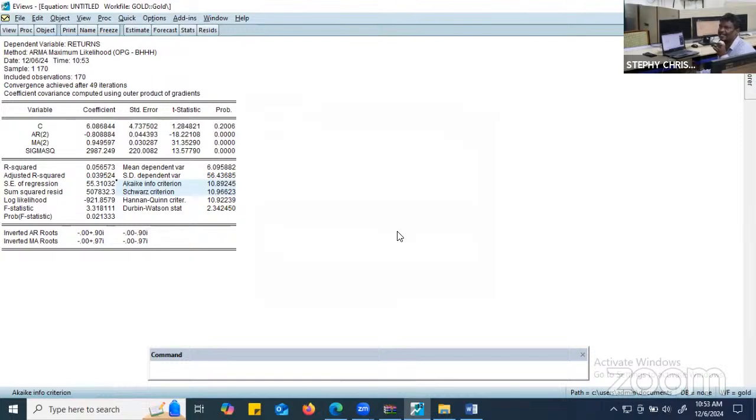In the output you can see AIC and SIC. Note the value of AIC and SIC.